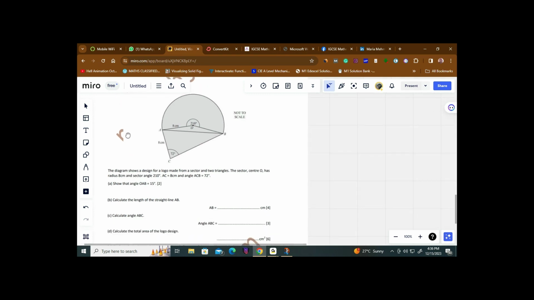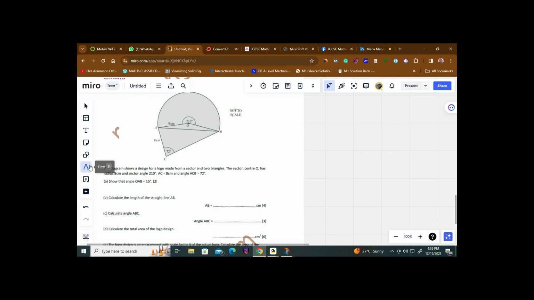Okay, students. Now, what do we need to do here? We need to show that the angle OAB is 15 degrees. Where is angle OAB? It is over here. So you see, this is a clear isosceles triangle OAB. Let me just redraw it here for your convenience.